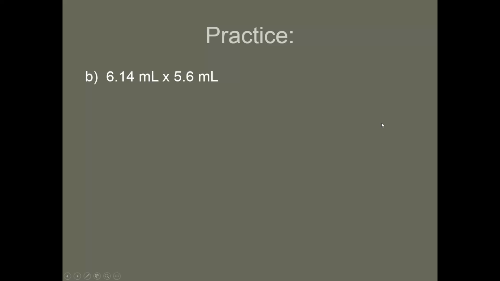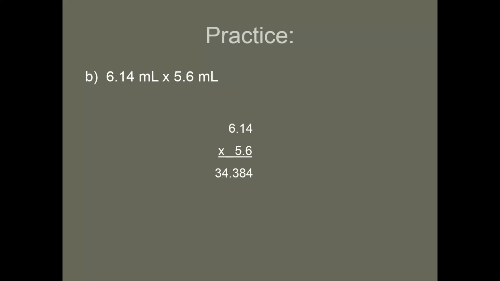6.14 milliliters times 5.6 milliliters. You go through your multiplication. Again, I'm totally fine with us using calculators in science. The science is the important piece. Excel and C programming are both excellent calculators.